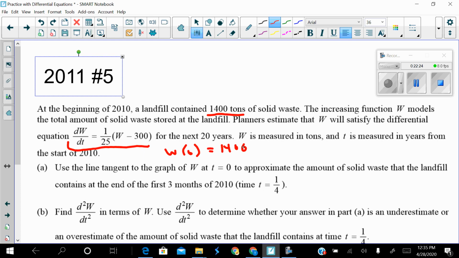A, use the line tangent to the graph of W at time 0 to approximate the amount of solid waste that the landfill contains at the end of the first 3 months. In other words, when t is 1/4.